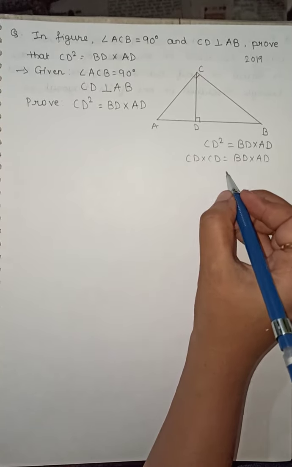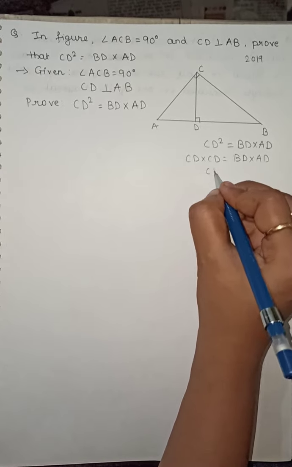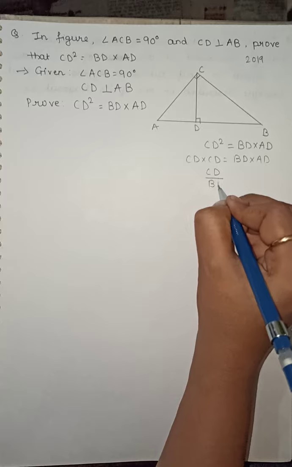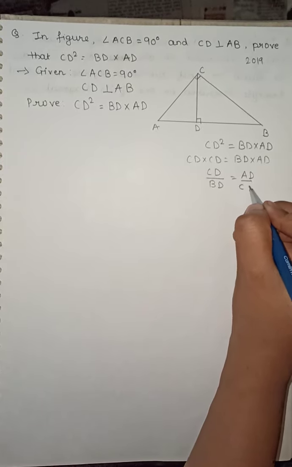If I take the BD to this side, you will get CD by BD equal to AD by CD.